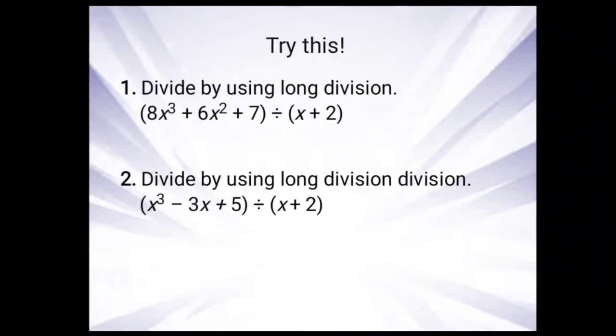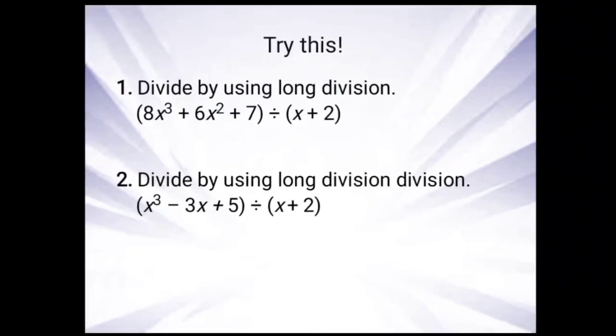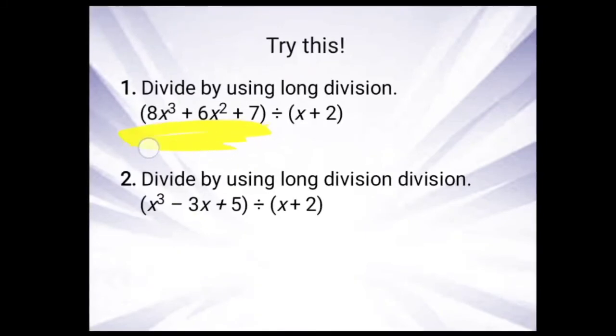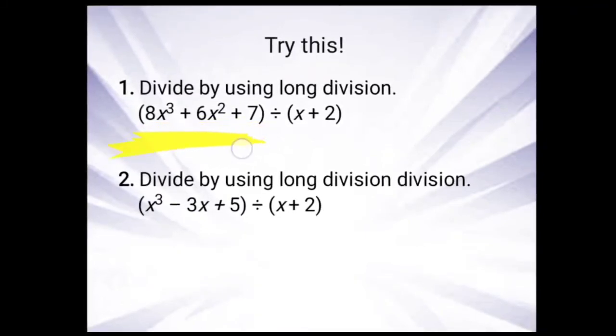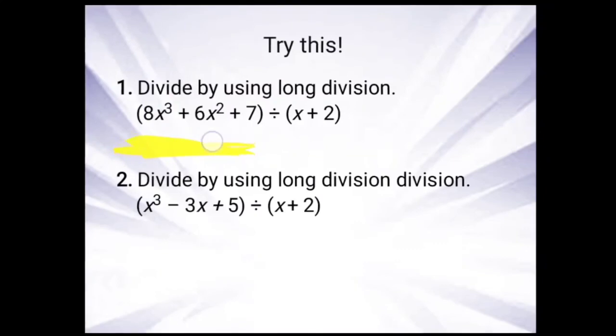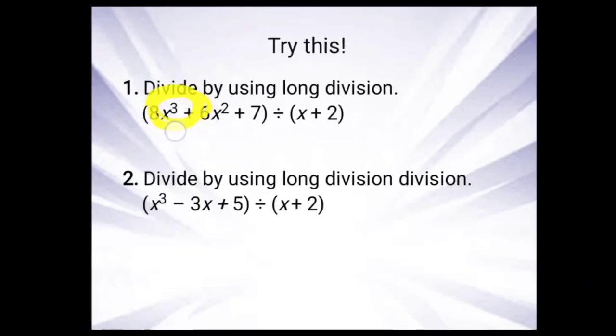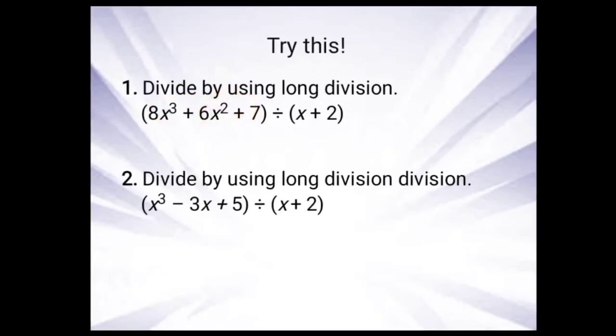So let us try this. Divide using long division. As you can see on number 1, you have to identify if they are properly arranged. We all know that they are properly arranged, but there is a missing term. We have the exponent 3, we have here the exponent 2, but there is no exponent 1.